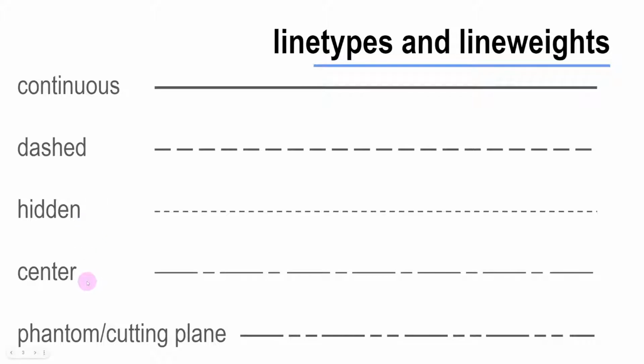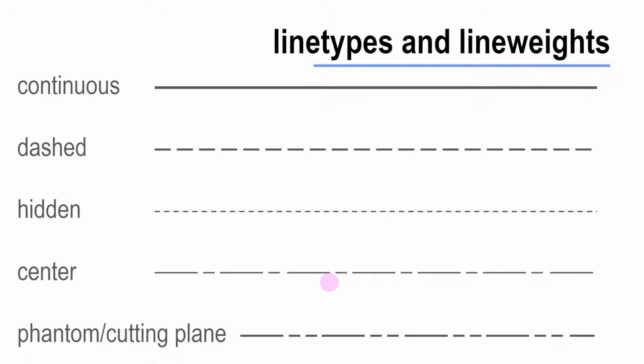Center lines are a series of long, short, long, short, long, short lines, and they are used to help grid out our drawing as well as show symmetry. If I have a very large plan or even just an average size plan, I might use center lines to help grid out my plan into different sections, so that I can deal with different sectors of the building rather than the entirety as a whole.